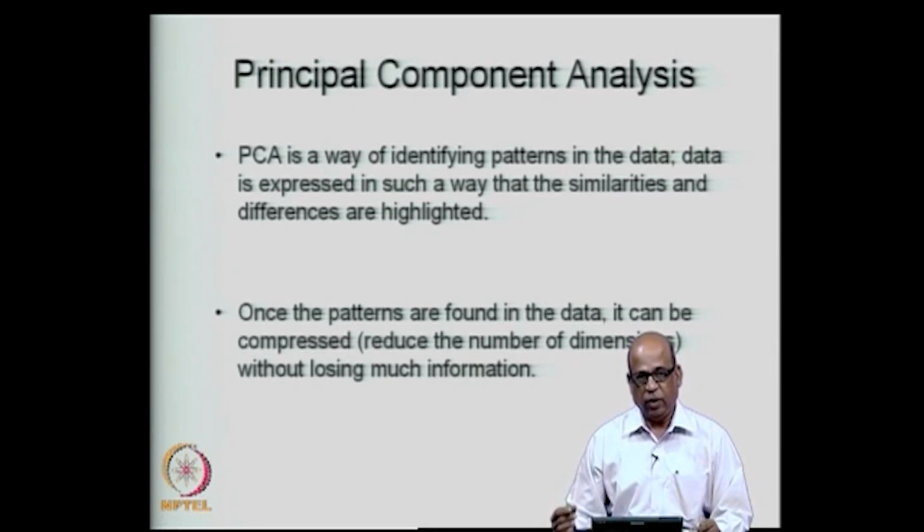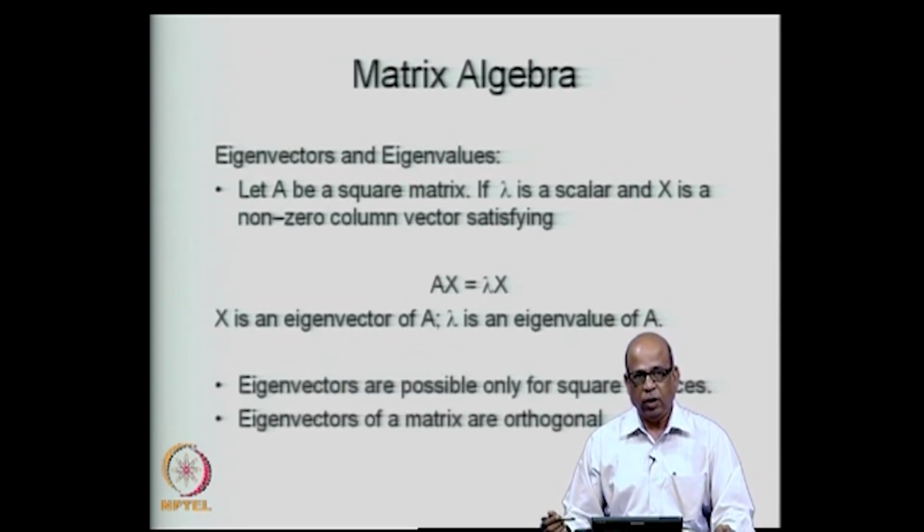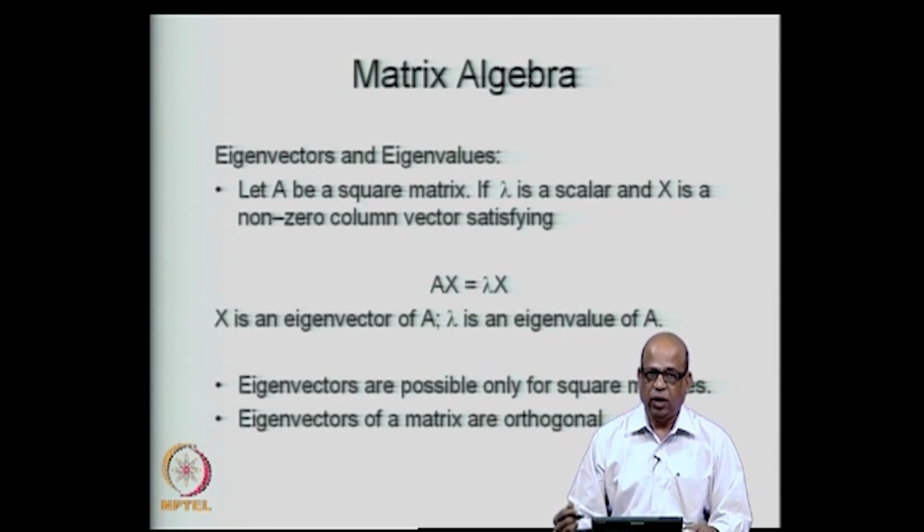In fact, in image analysis etc., the image compression uses principal component analysis in several situations. Now, this will require a bit of background on matrix algebra. So, we will just quickly go through some preliminaries of the matrix algebra, especially how we obtain the eigenvectors and the eigenvalues.